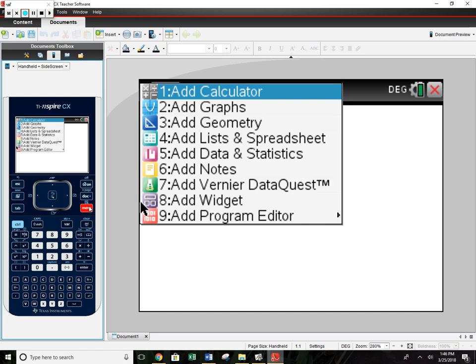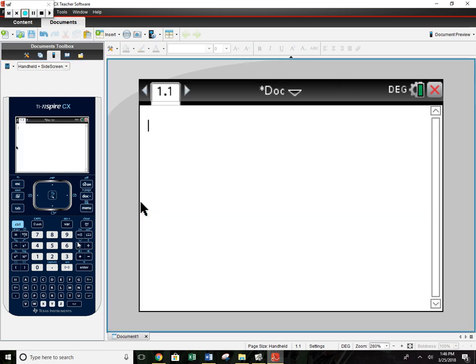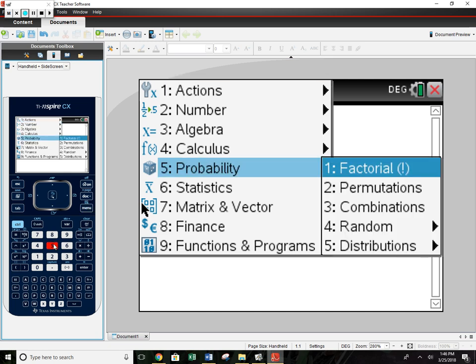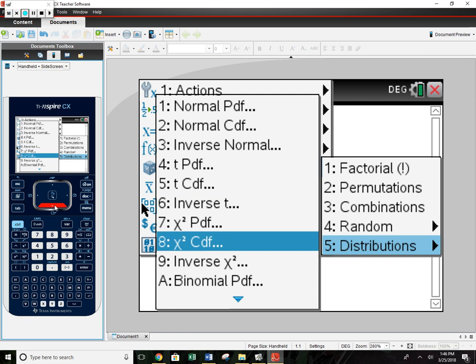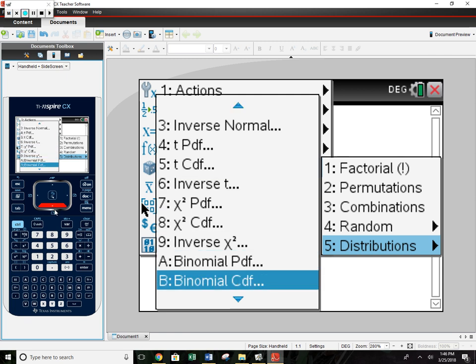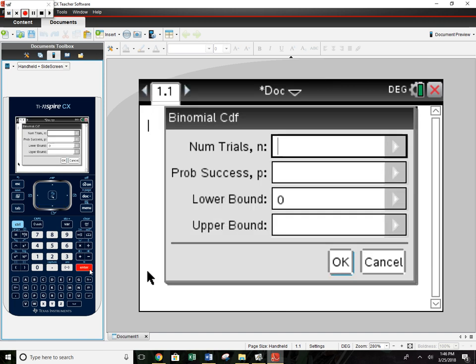We're going to go menu, 5, 5. And you're going to have to come clear down to the bottom. The binomials A and B. And you want a CDF. We want a cumulative distribution function. So hit CDF, number of trials. Okay, let's go 10.